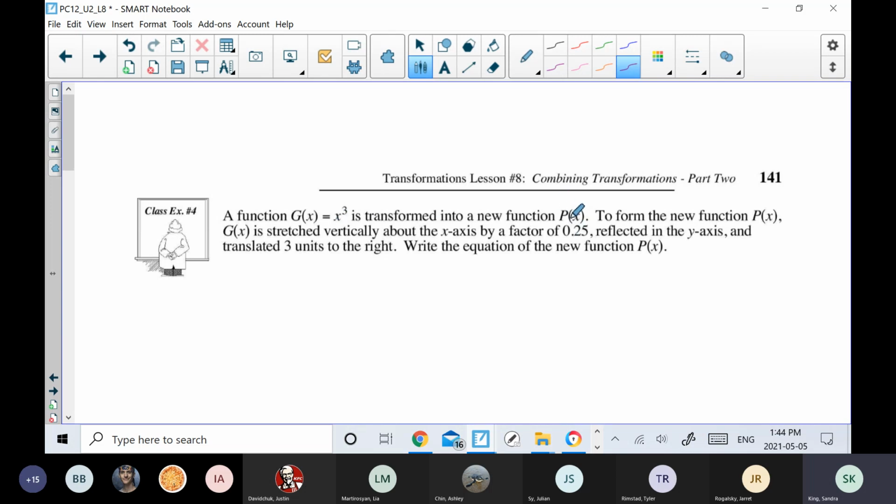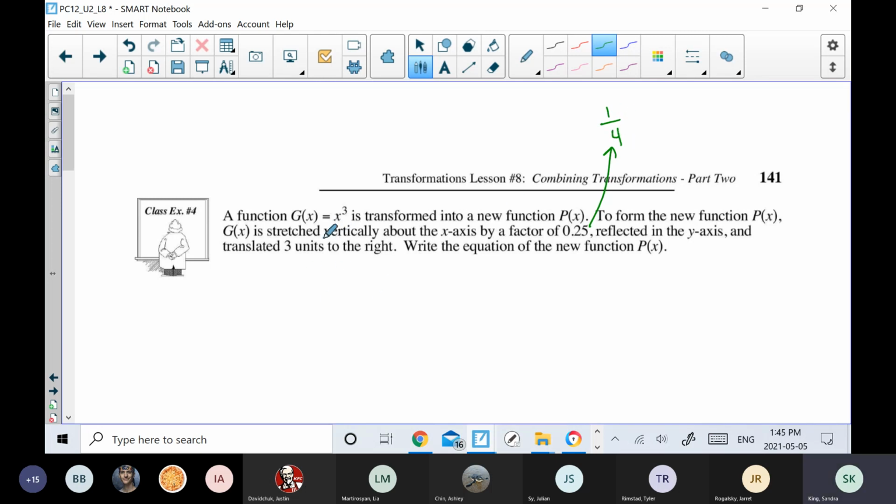I have to call it p of x though. To form the new function p of x, g of x is stretched vertically about the x-axis, so just a vertical stretch by a factor of 0.25. I don't know why they gave this as a decimal, like you would never see this as a decimal, but 0.25 is 1 over 4.